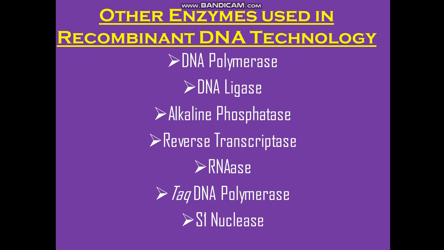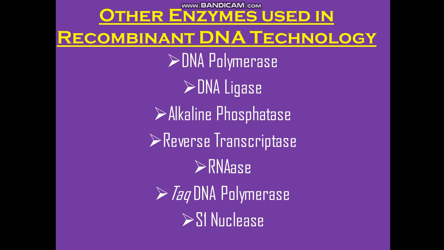Next is a very important polymerase, Taq DNA polymerase. This is very important as far as biotechnology is concerned, as far as any genetic engineering is concerned. This is a special kind of DNA polymerase which has been extracted from Thermus aquaticus bacteria. That is T for Thermus, AQ for aquaticus.